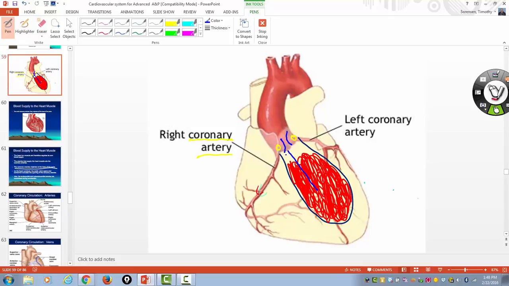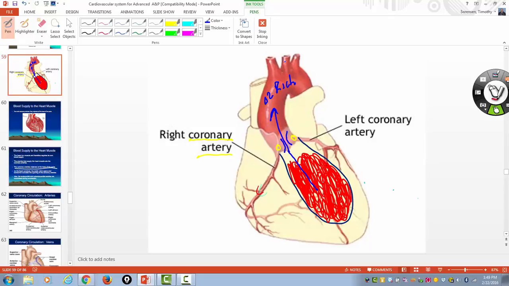The aortic valve has little leaves on it. And when the left ventricle contracts, the pressure generated forces open the aortic valve, and you send O2-rich blood to the cells of the body.